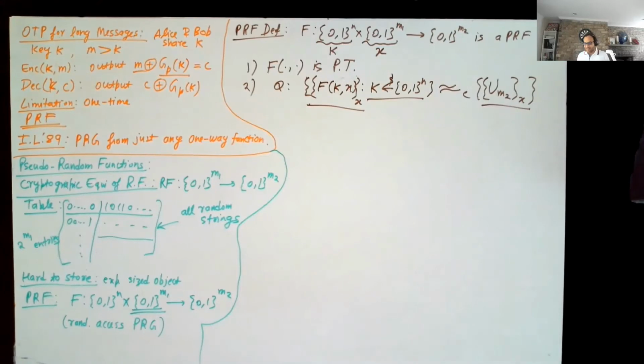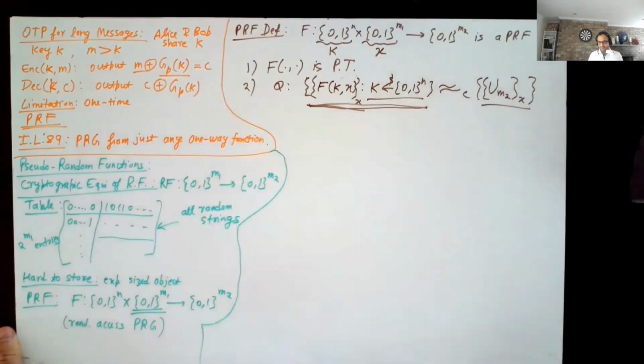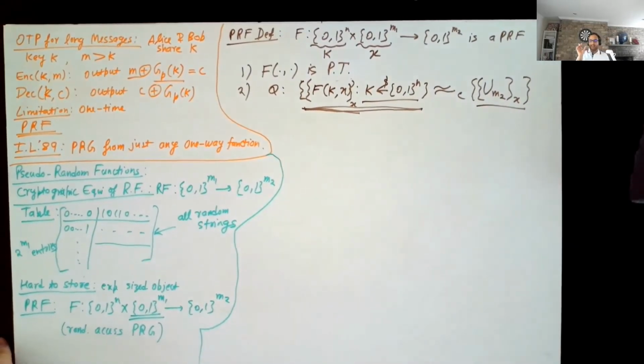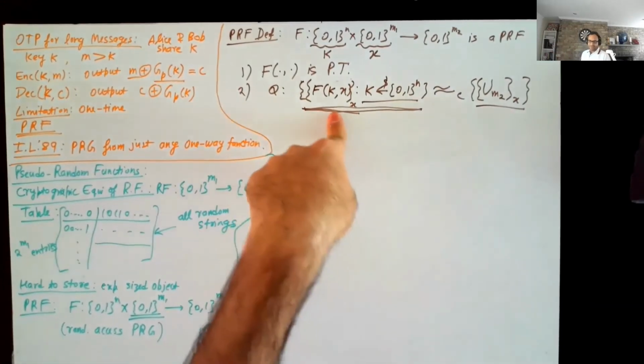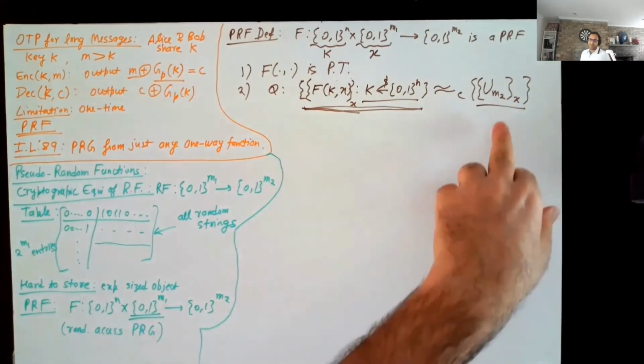So what else? So look at the size of this sample. I'm basically taking the function output in every possible x. I'm concatenating all of that. And I require that this huge string should essentially look uniform.